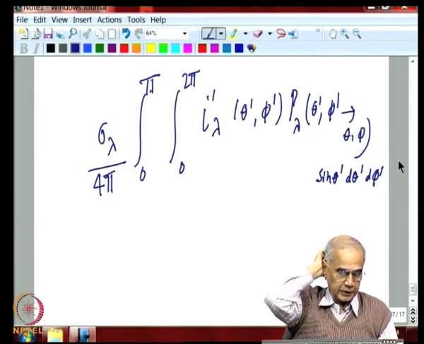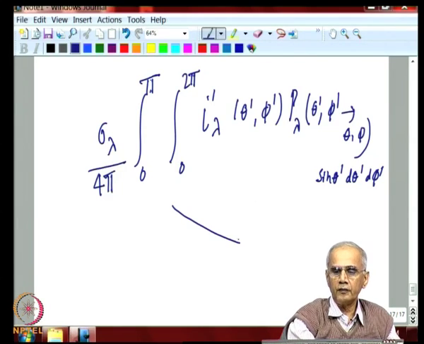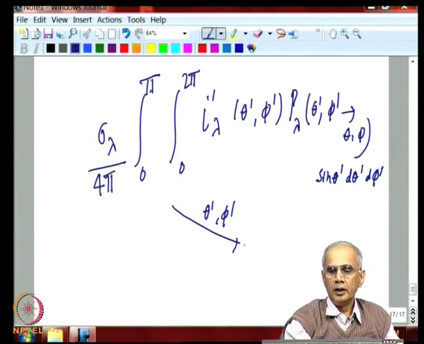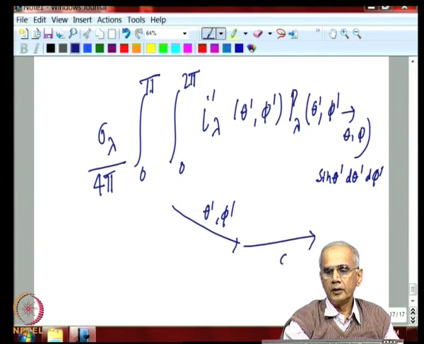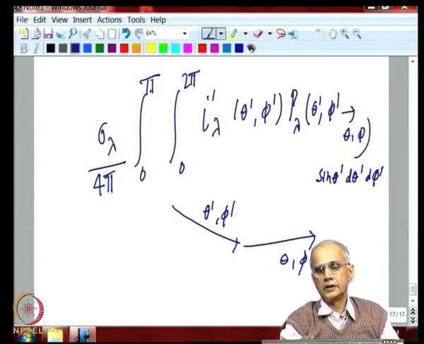So, this is the expression which decides how a photon traveling in a given direction theta prime phi prime lands up in your direction because of scattering.